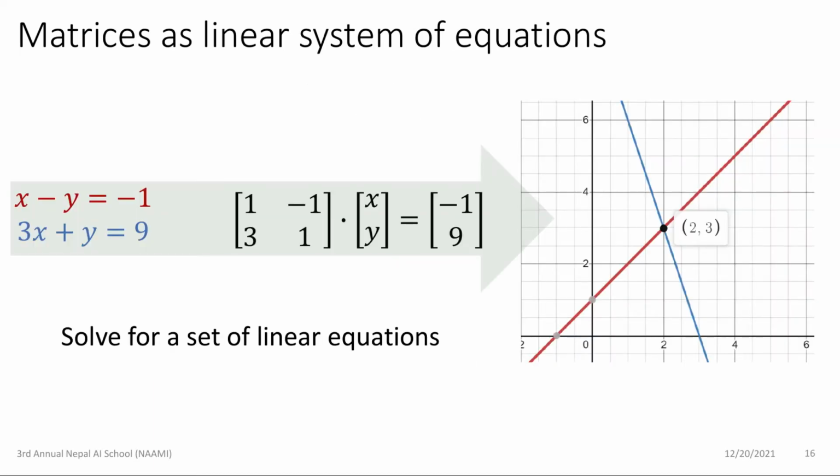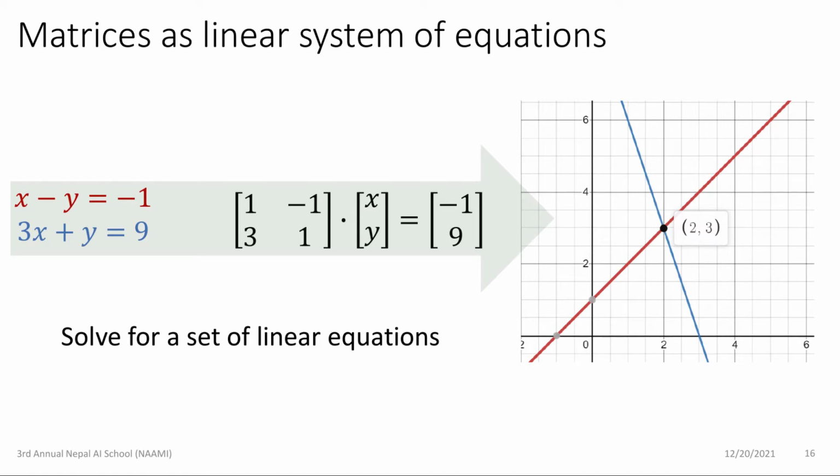It can also be used to solve a linear system of equations, which I think is usually how most of us are introduced to linear algebra or matrices and vectors in general. So you have this system of equations. For example, x minus y equals -1, 3x plus y equals 9. Find the x and y that fulfill both of these equations. This can be represented as this matrix. 1x minus 1y gives you 1 and -1. 3x plus 1y gives you 3 and 1. -1 and 9 go here, and x and y stay here.